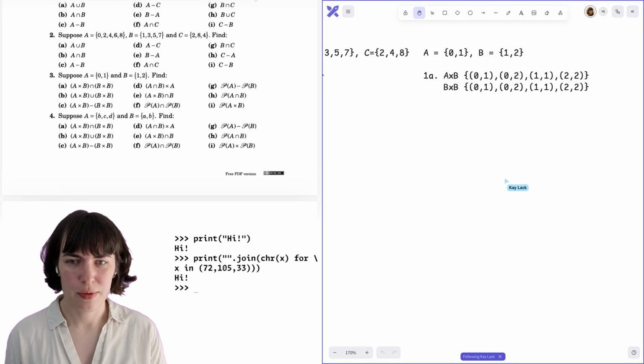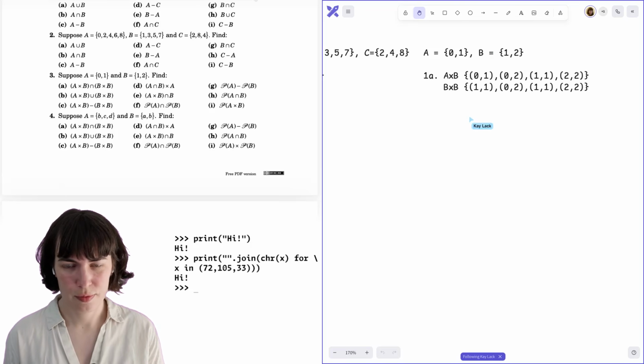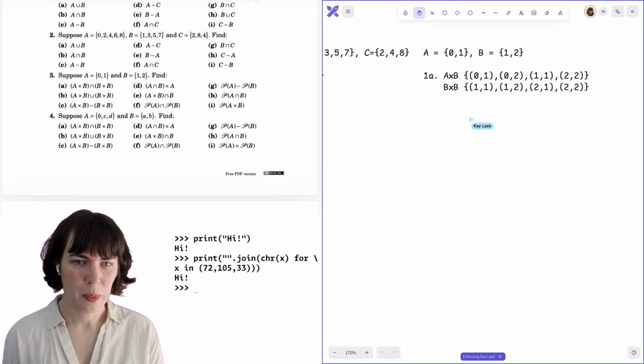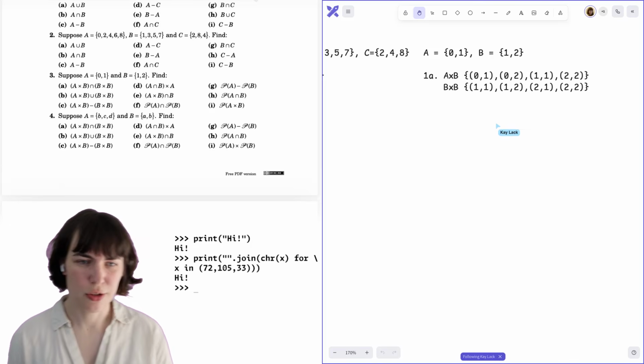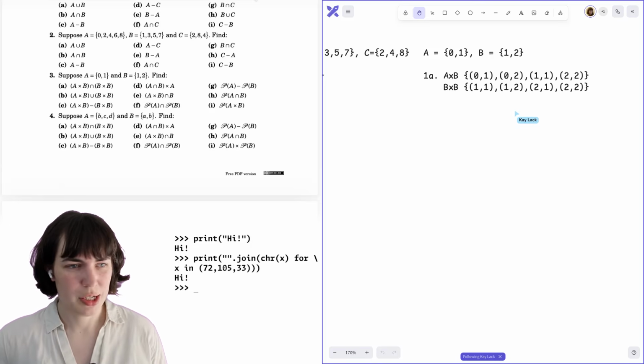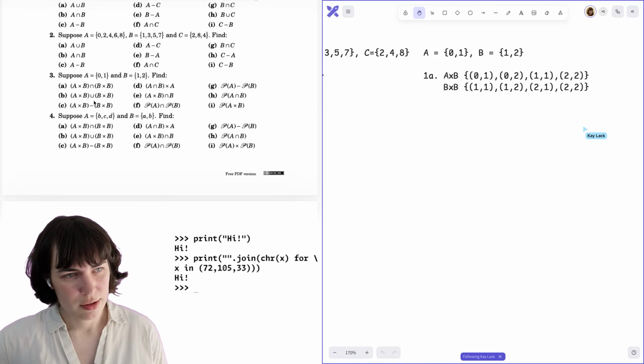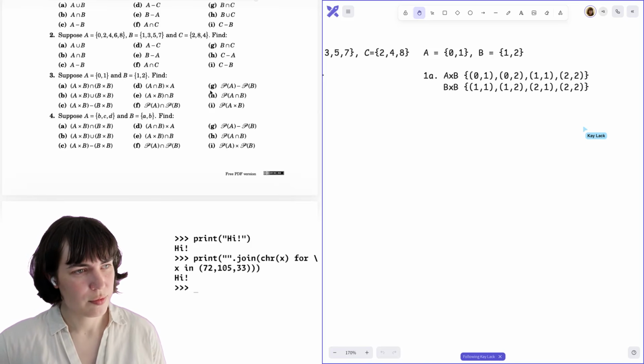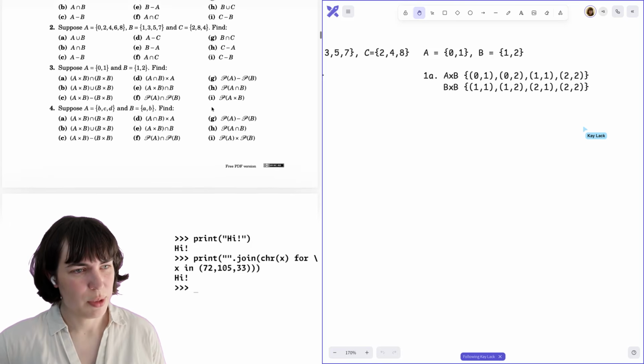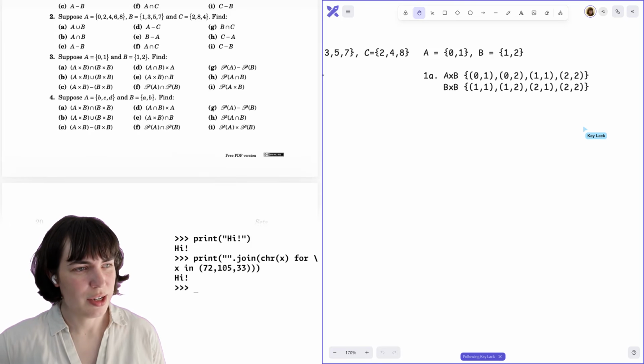B cross B is going to be... and if we do the union of that, it's just all of those, so not particularly interesting. Yeah, I don't think those are going to be very interesting.